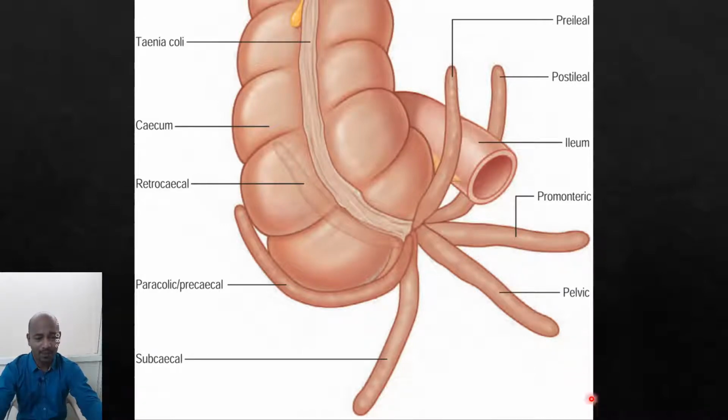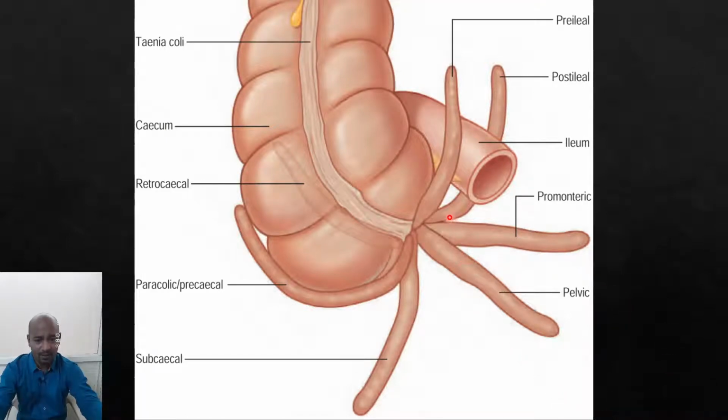Okay, and when it descends down into the pelvis, it usually accompanies the uterine tube and the ovary in females. Okay, so as mentioned earlier, there are other positions like pre-ileal, post-ileal, subcecal, paracolic or prececal, and the promontoric positions.